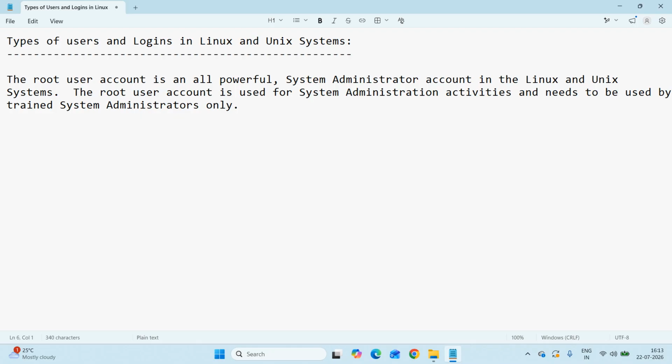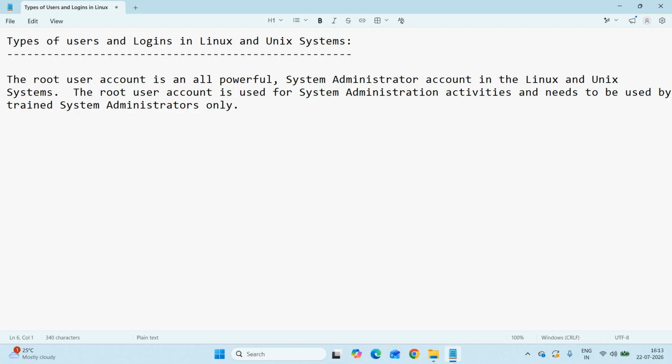an application user or database user should not be using the root user account to log into a Linux system or a Unix system. Why? It is because the root user account is an all-powerful system administrator account, needs to be used for system administration activities, and only trained system administrators should be using the root account.